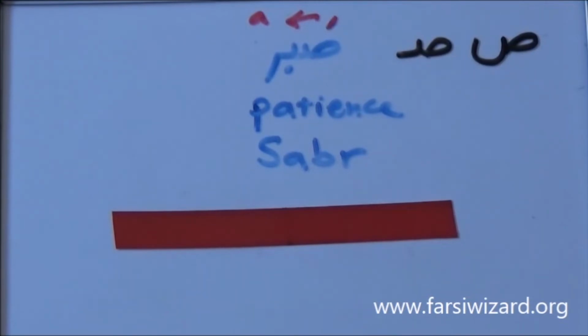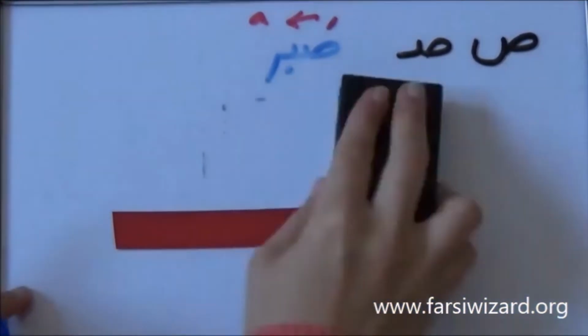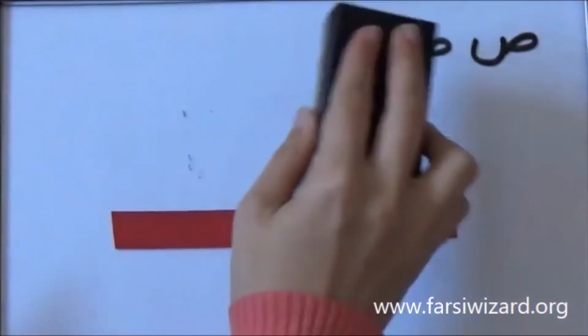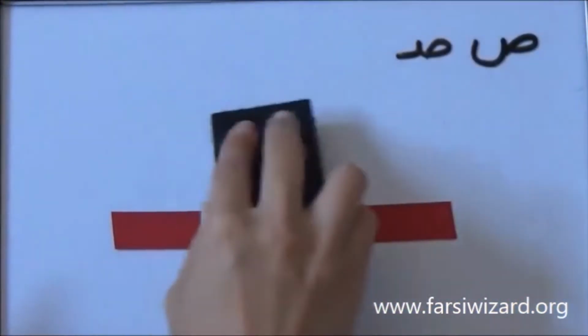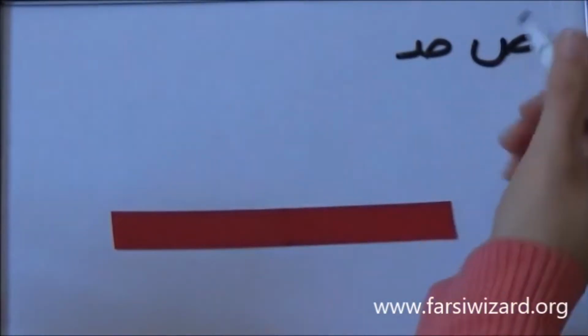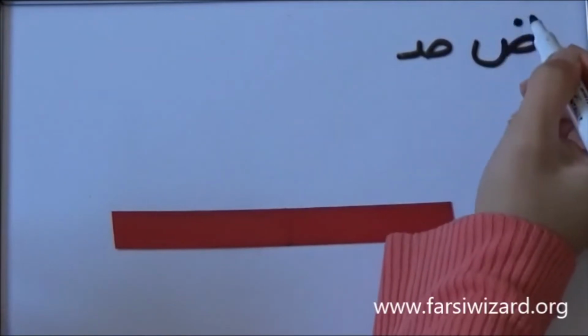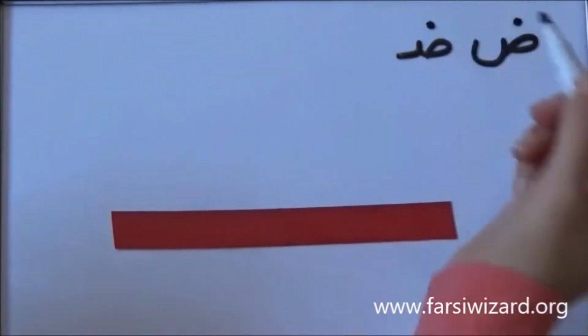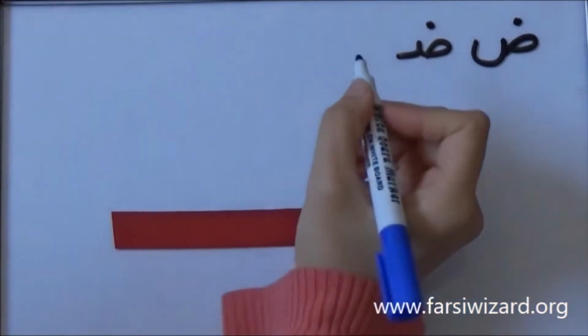Okay, so now we're going to see how we can read the letter Zad in a word. Okay, so now this letter honestly is not that common. You wouldn't see it frequently in Persian words. It's one of the less common versions of Z we have in Farsi.